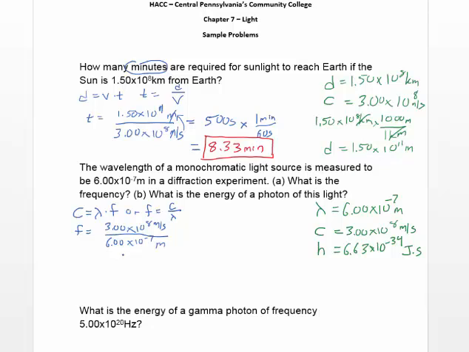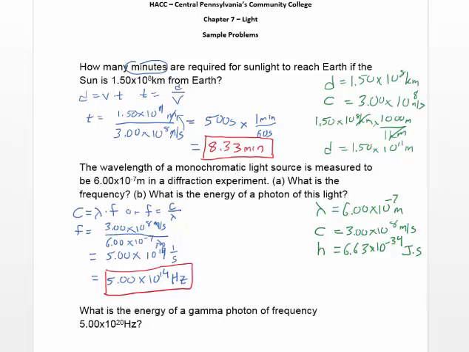If we divide those two, we find that it is equal to 5.00 times 10 to the 14th. Meters have canceled. Units are 1 over second, and if we recall, 1 over second means a hertz. So 5.00 times 10 to the 14th hertz. So that's the frequency, the first part of this problem.